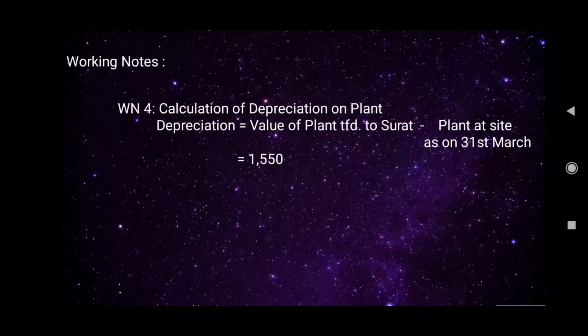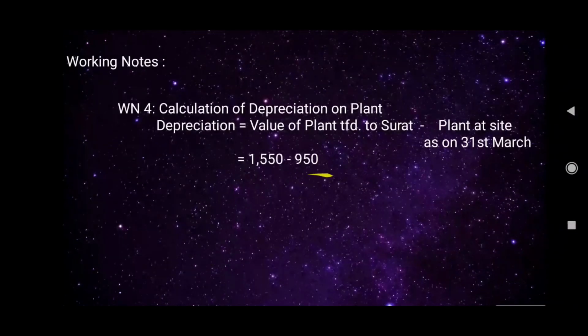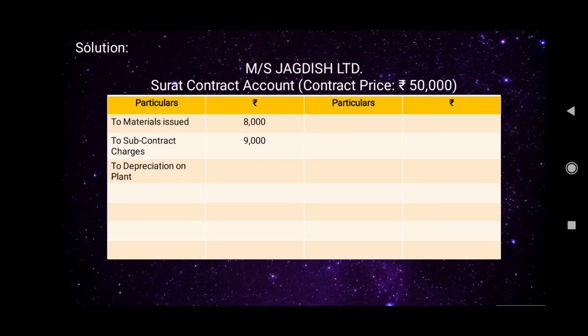So we'll record it rupees 1550 minus plant at site as on 31st March, which is 950. So we'll record it rupees 950, which will be equal to rupees 600. So we'll record it. To depreciation on plant amount is 600.